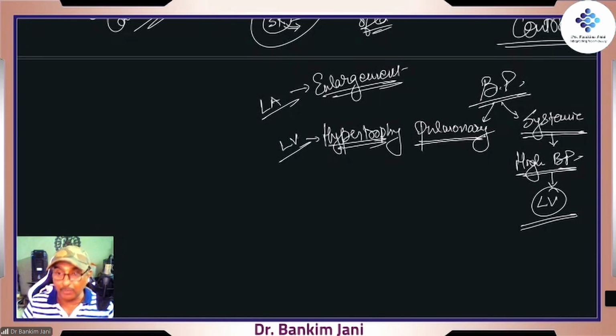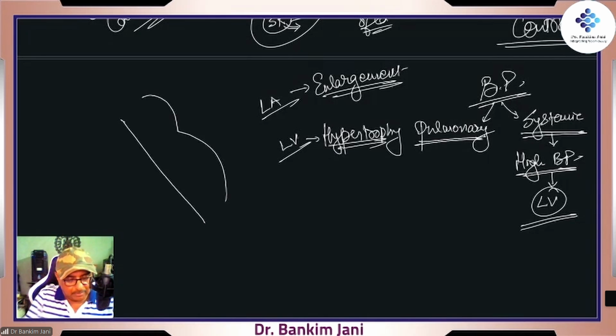While in the left ventricle, the wall is already thick, so when there is increased pressure, it becomes hypertrophic. If this is our left atrium, when it is enlarged, it becomes bigger and causes pressure symptoms. It compresses the esophagus which is behind, so the person gets dysphagia.